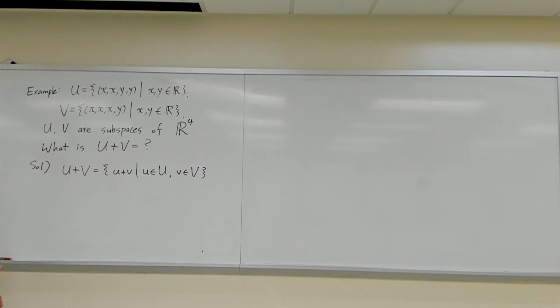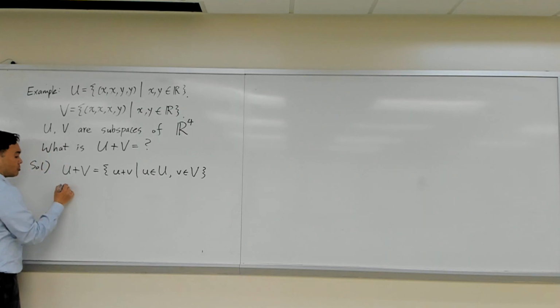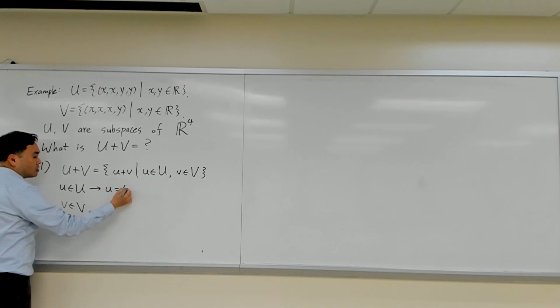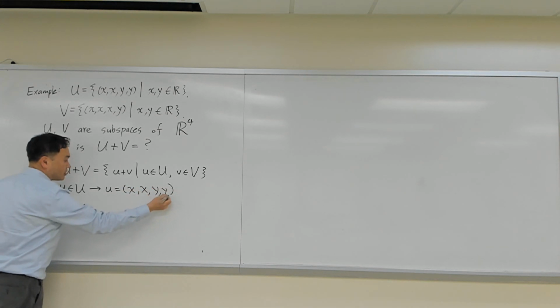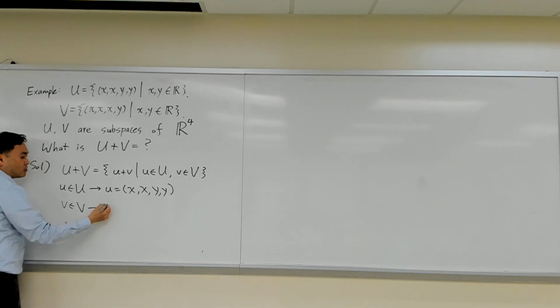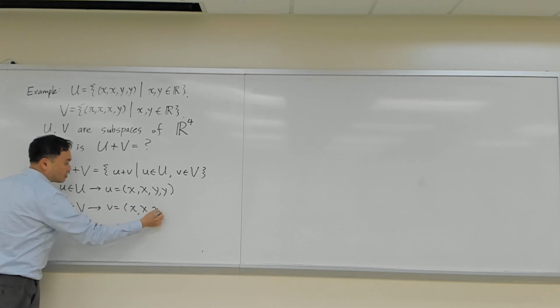Right? That's what it means. And then we have to say something from U and something from V. What does that mean? Well, this means U is equal to (x, x, y, y), right? And this means V is equal to (x, x, x, y).